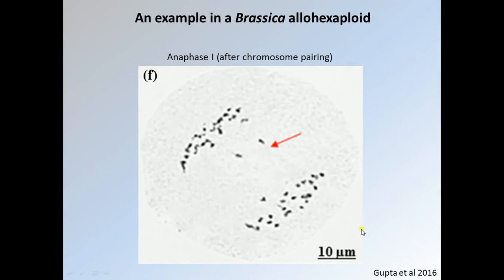Let's take an example. Here is a Brassica allopolyploid, and we are in anaphase 1. So anaphase 1 is already after the chromosome pairing and after the chromosomes already started to migrate from one pole to the other.